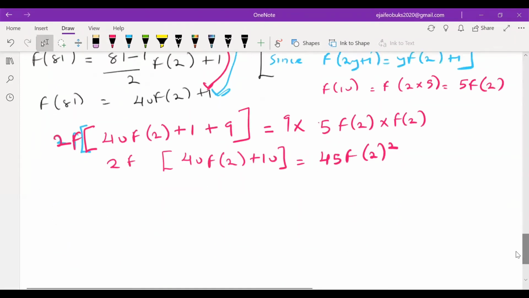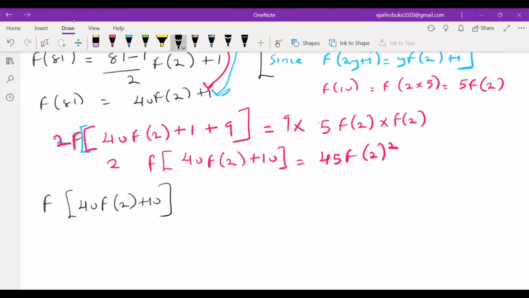Then to come back to this inner f here, we know that f of 40 f of 2 plus 10 is equal to f of 2 times 20 f of 2 plus 5. And since this is even, this becomes our y now.